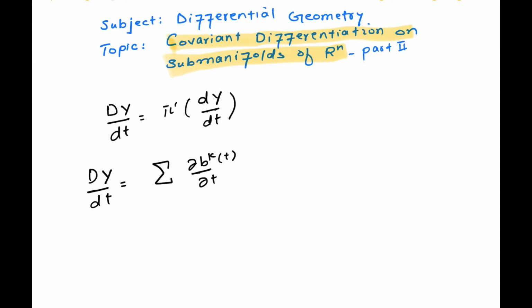of the vector field y, plus summation is over k, gamma k ij and bj, and then there is fk. And there is also aj duj by dt here.